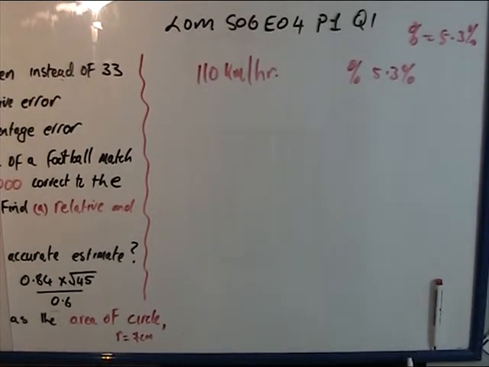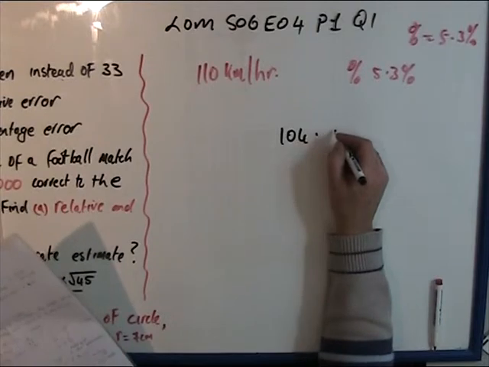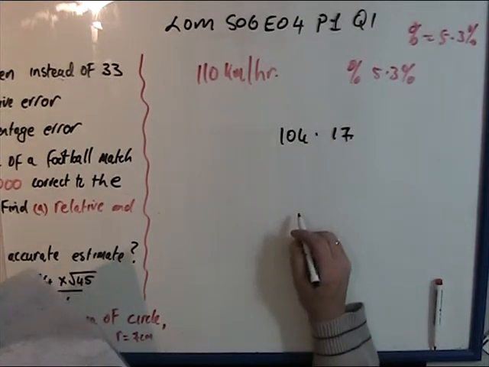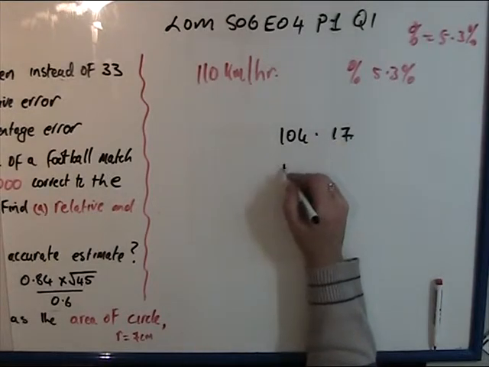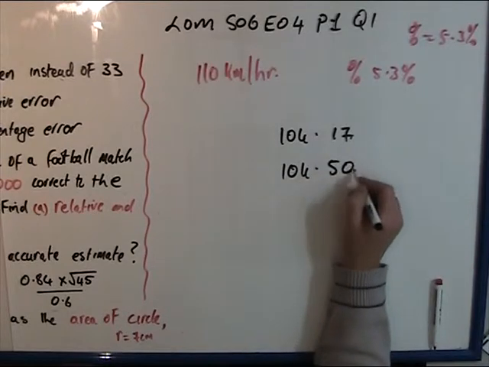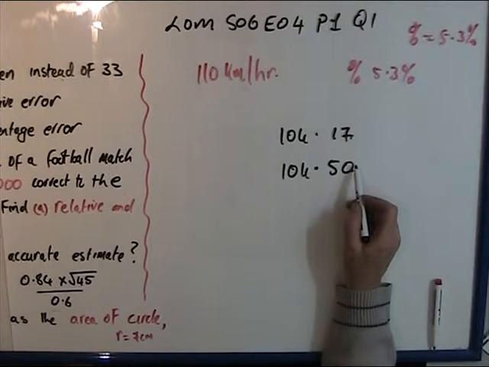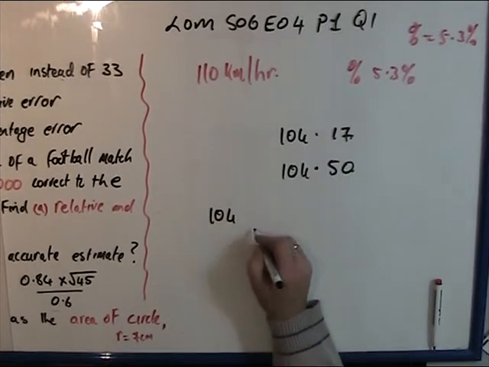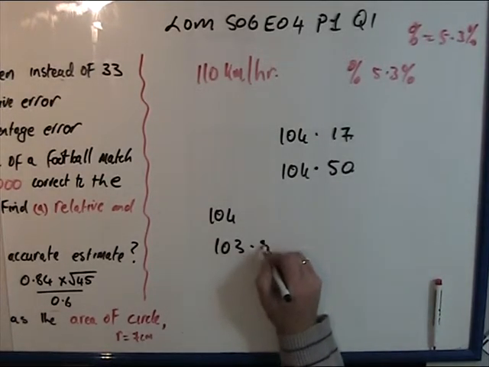Now, we have to correct this to 1 decimal place, and the answer was 104.17. Now this 7 changes that 2. So this is really what the answer is. Now this is a plus or minus, because it's 104, and before it was 103, probably 0.5.